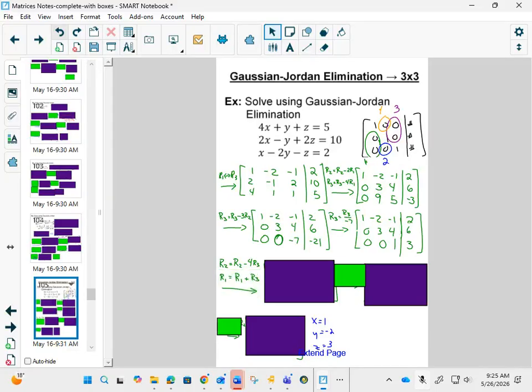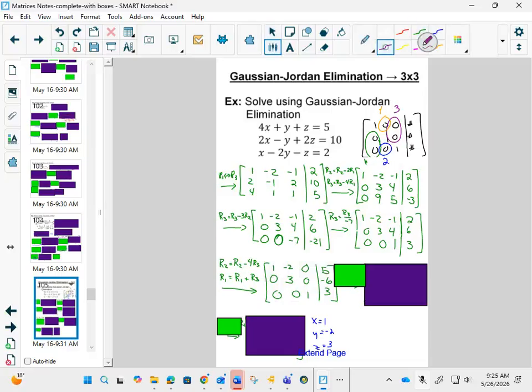And then row 1, I can just add that to row 3. And I get my zeros. Right, those are my purple zeros. Circle them here. That was my goal, to get those to be zeros.